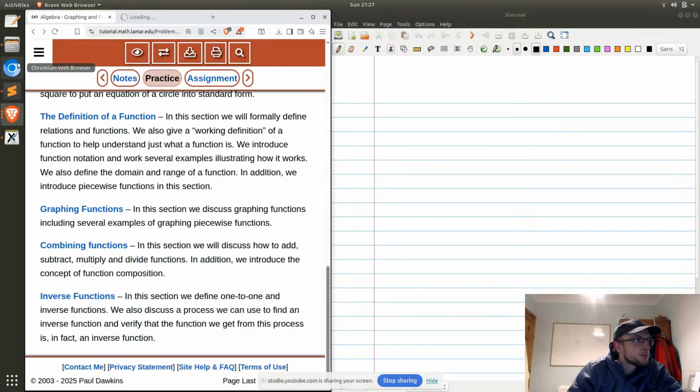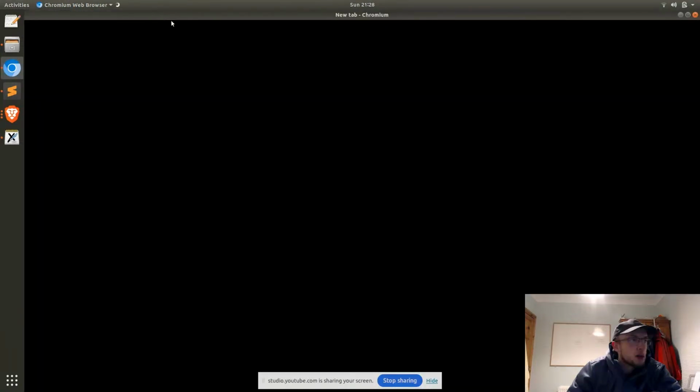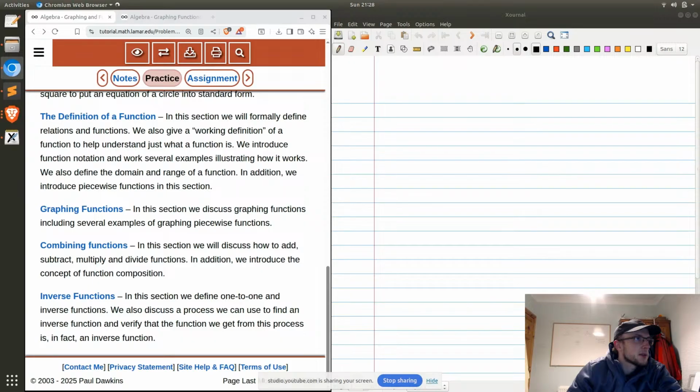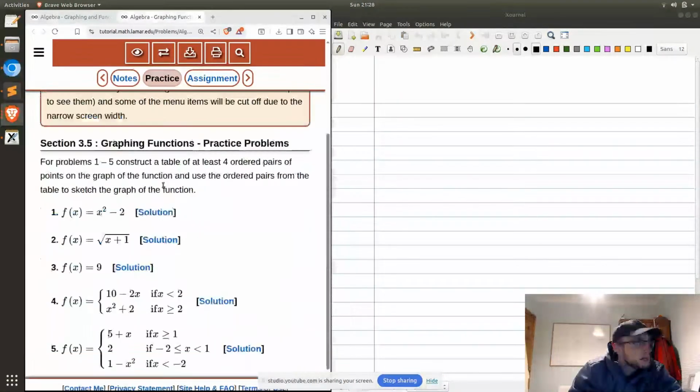Graphing functions. So doubtless this is going to ask me to graph functions. So for this purpose, I will get up GeoGebra and I will cut out a little bit of the XY plane from -5 to 5.